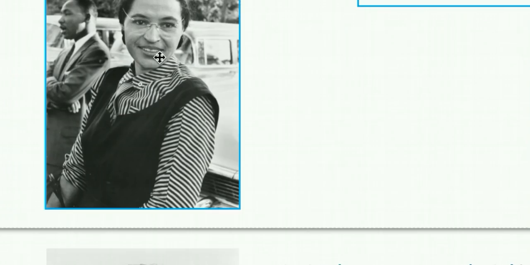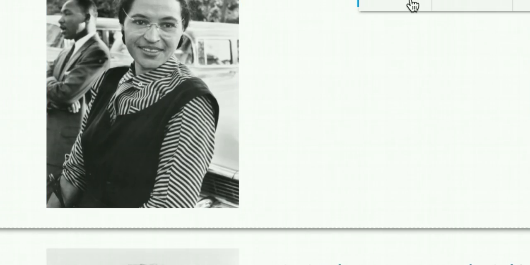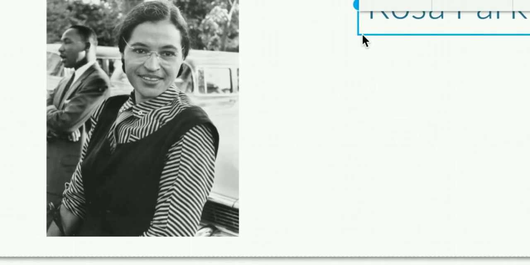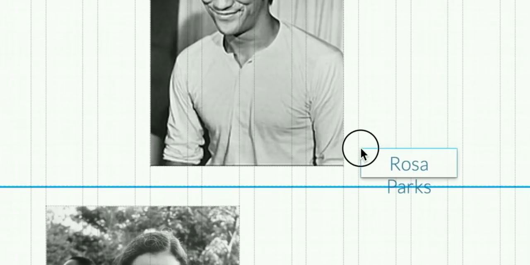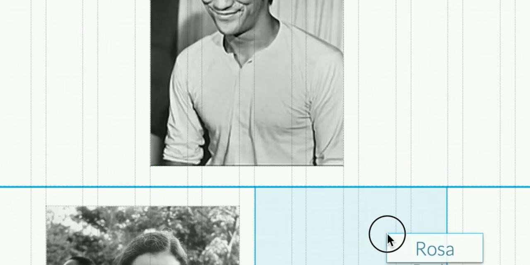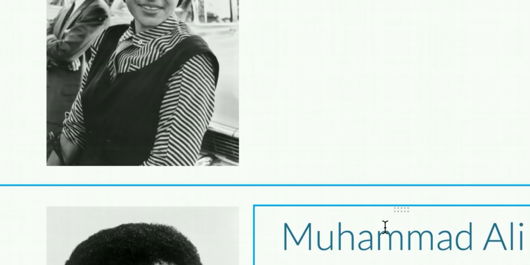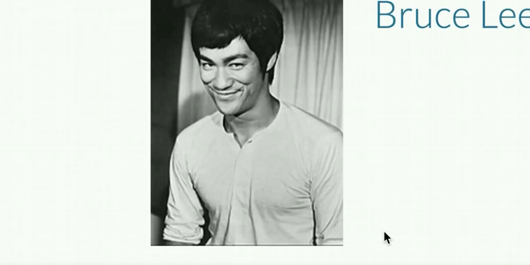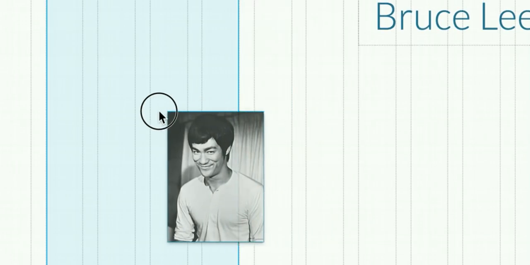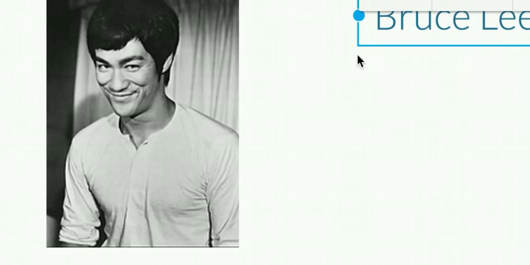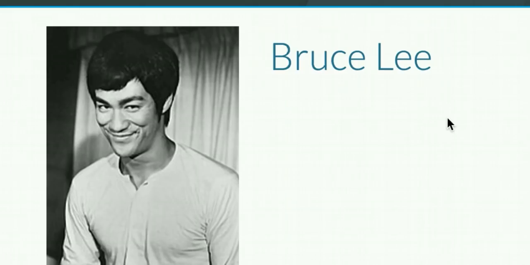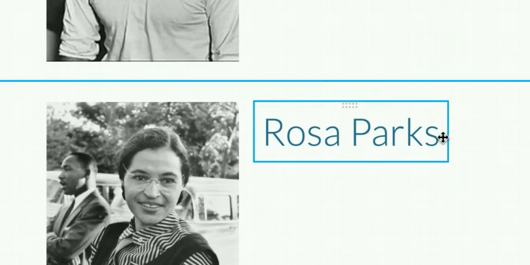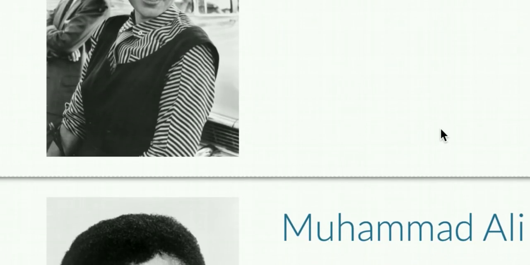Then I can match this up right here over top of Muhammad Ali, and the name would actually go right where the Muhammad Ali is, as you'll see here. Whatever you decide to do, just make it consistent throughout. Still looks pretty tight.